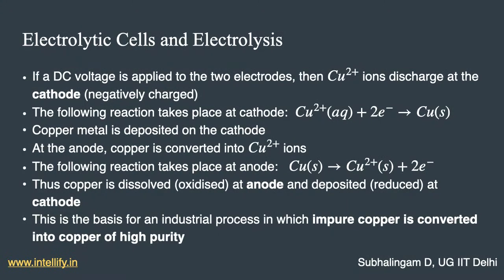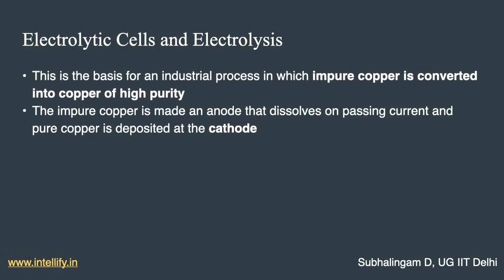This is the basis for an industrial process in which impure copper is converted into copper of high purity. The impure copper is made the anode, which dissolves on passing current, and pure copper is deposited at the cathode.